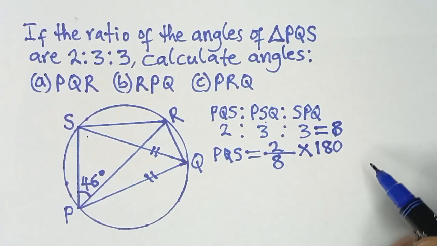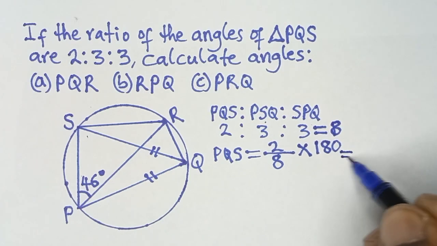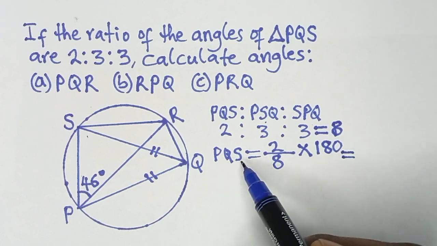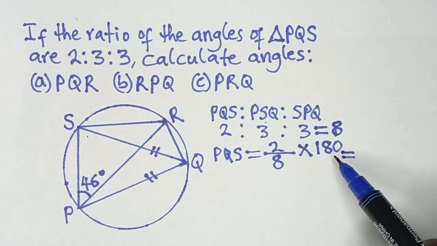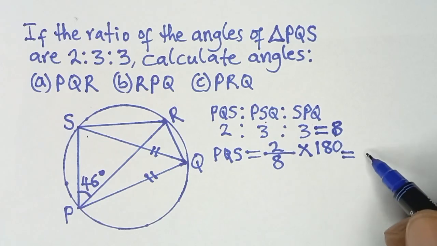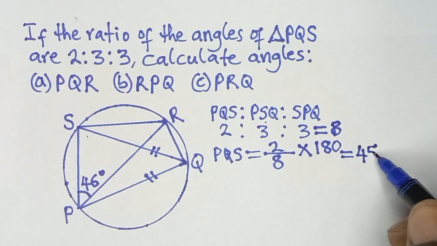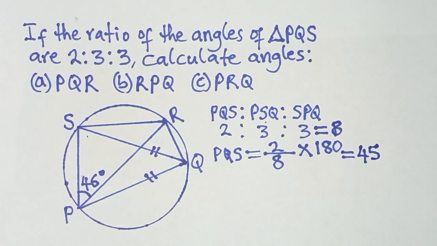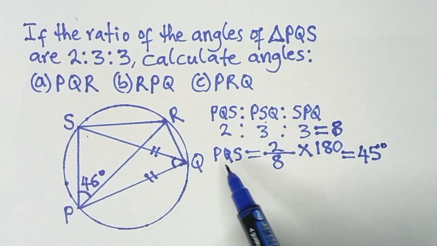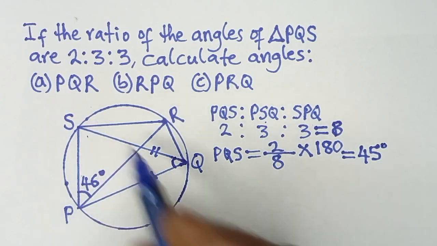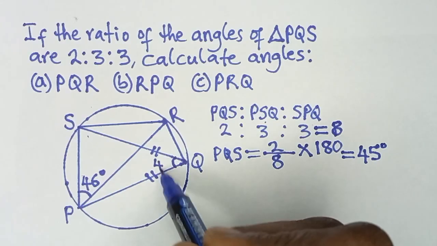So we are going to get angle PQS as 2/8 multiplied by 180, which is going to give us 45 degrees. So that means angle PQS is 45 degrees.